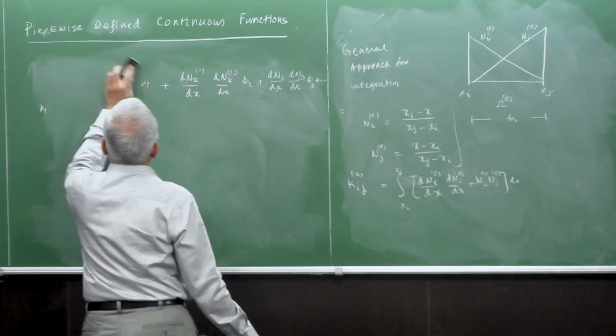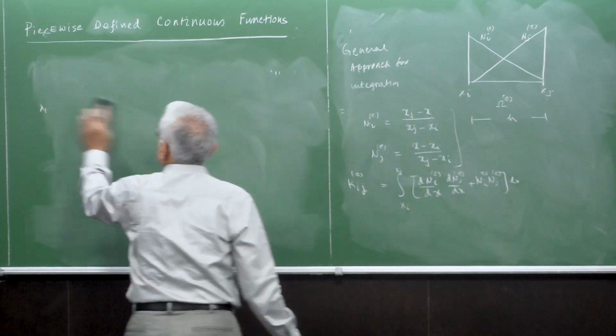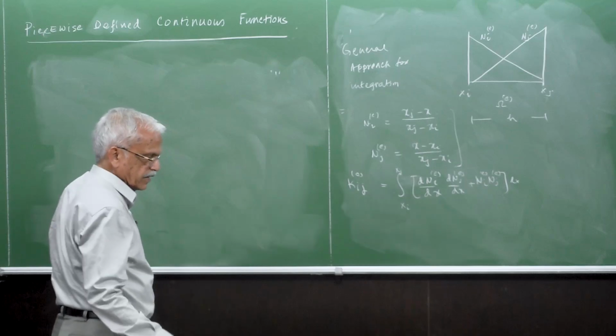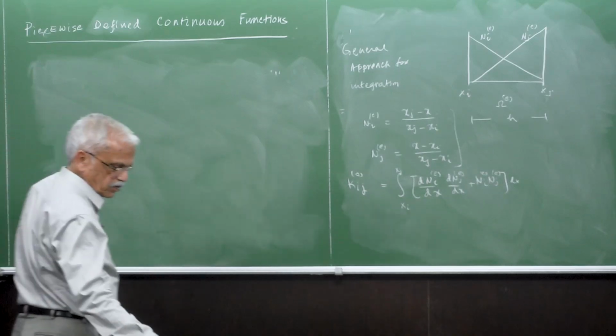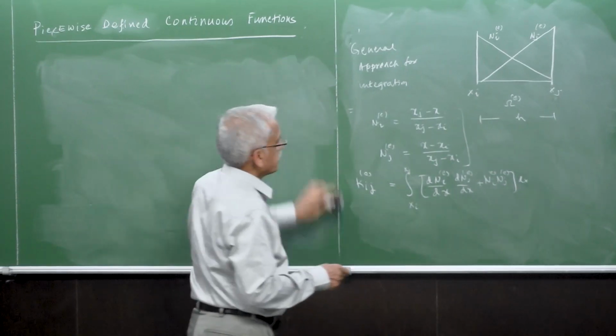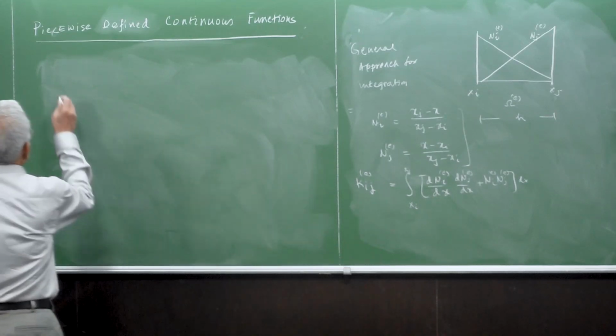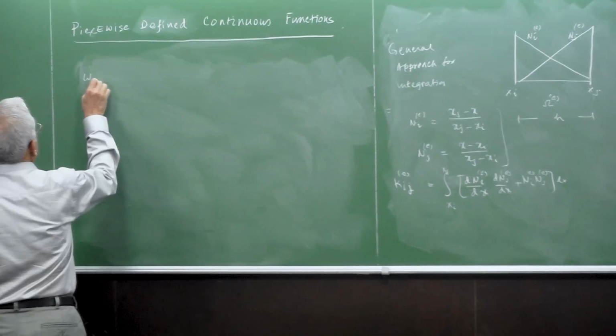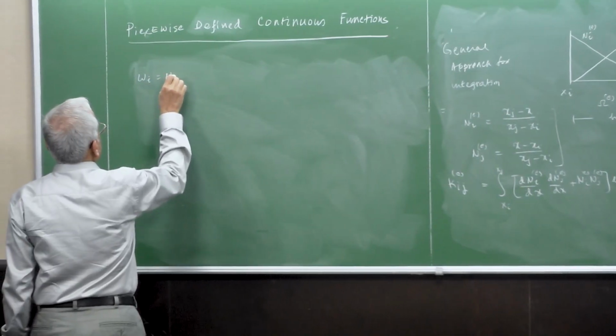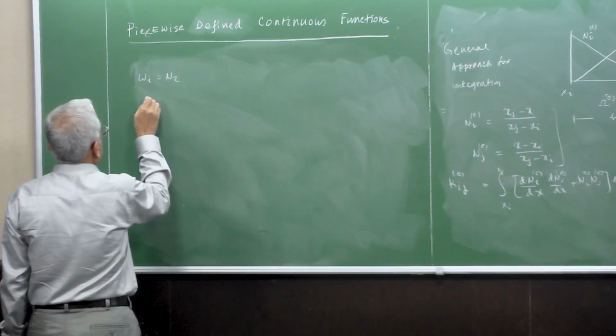So the equations are pretty long, and sometimes we get lost in that. So this is a very important step and we should be very careful in knowing this. So Wi is equal to N2, and let me write it.